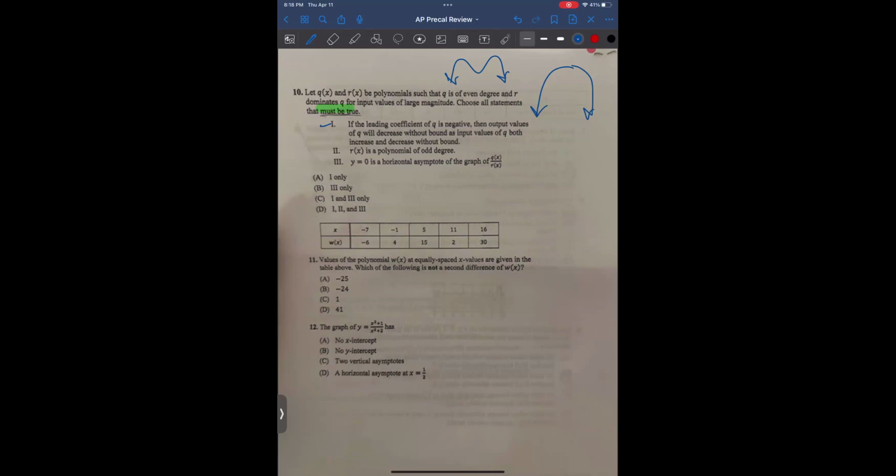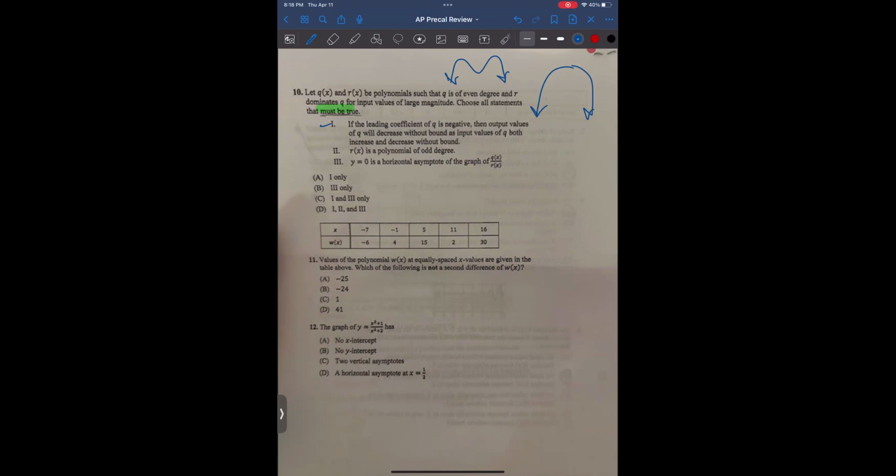Because if you pick apart that even without understanding the phrasing, like never seeing it before, I can still pick apart the question and understand what it's saying, right? Such that Q is an even degree and R dominates, means it's going to be larger. It's going to have bigger values than Q when my X values are larger.